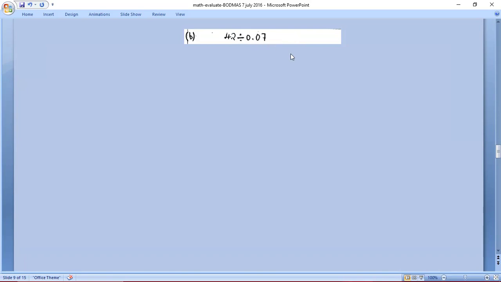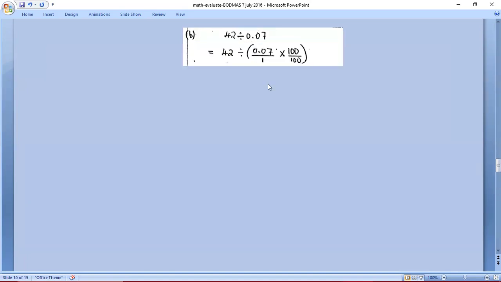That's another skill you need to know, how to convert a decimal number into a fraction. You just count the number of decimal places. So you have 0 and 7.